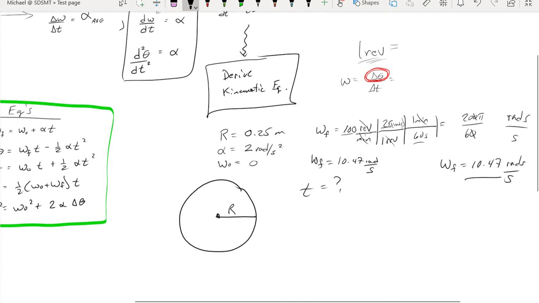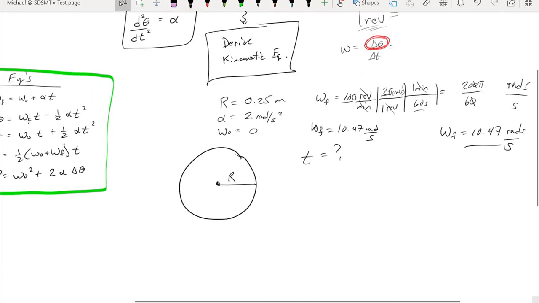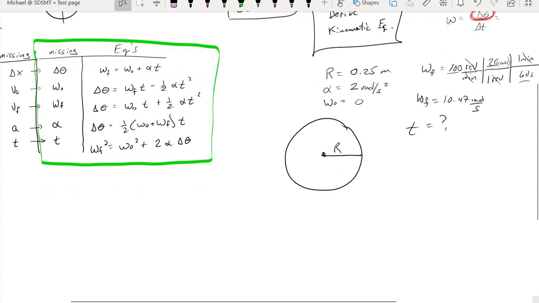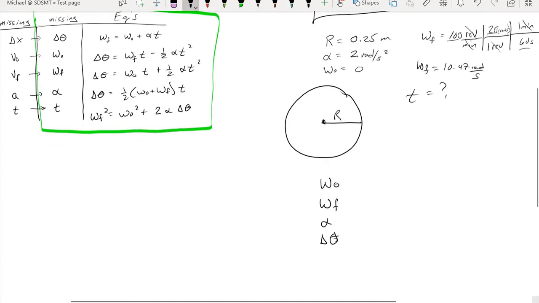So how much time is that going to take? So we come over here to our kinematic equations. I'm going to list out all the different terms along with what we have and what we don't have.